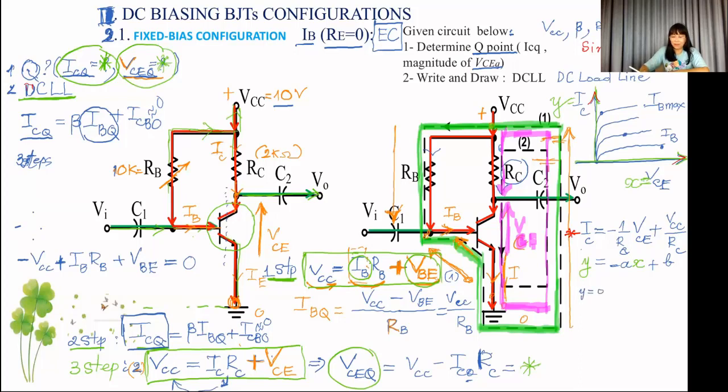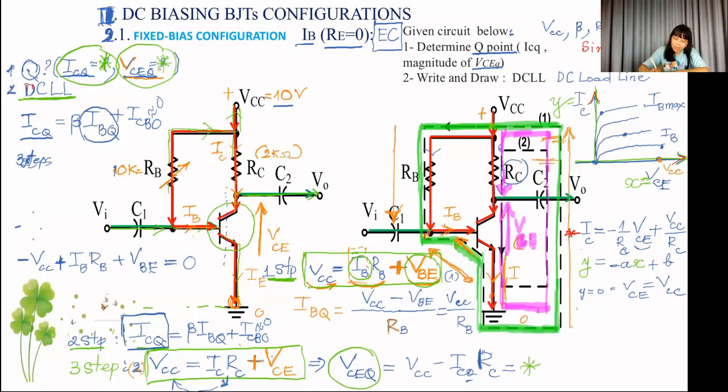Y is equal to 0. We have X is equal to B. VCE is equal to VCC. Wow. Very specific, this VCC, right?